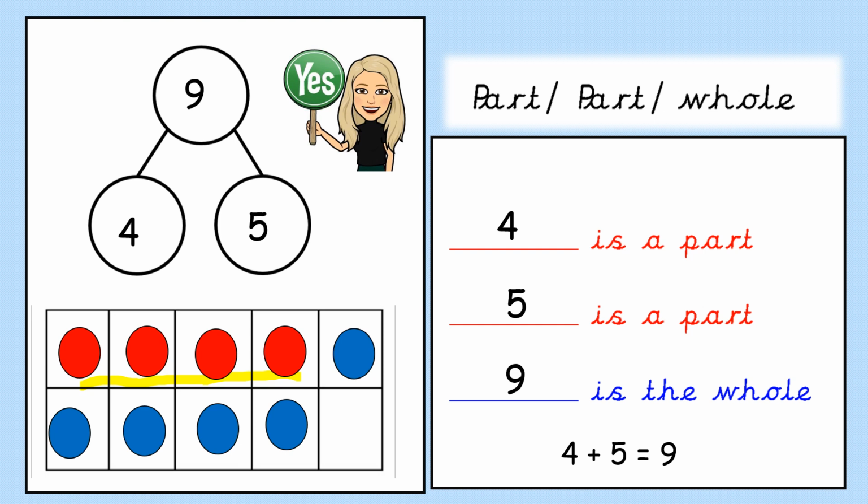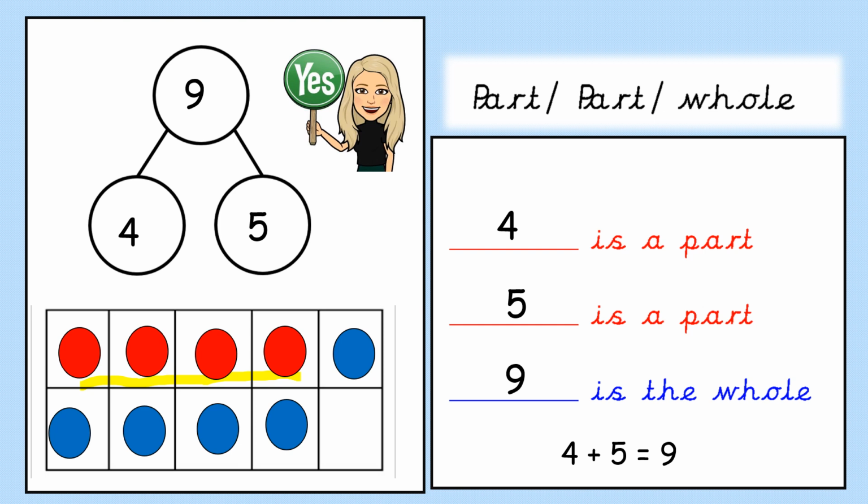Are we getting more red or are we getting less red? That's right, we're getting less red counters. So if we're getting less red counters, what's happening to the blue then? That's right, we're getting more. So the red are decreasing, which means we're getting less, and the blue are increasing, we're getting more.